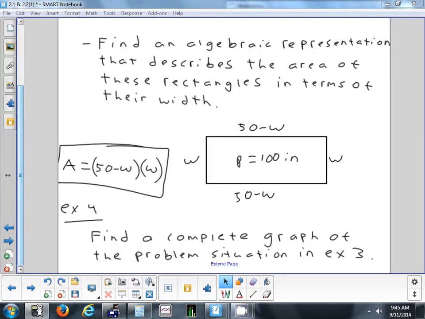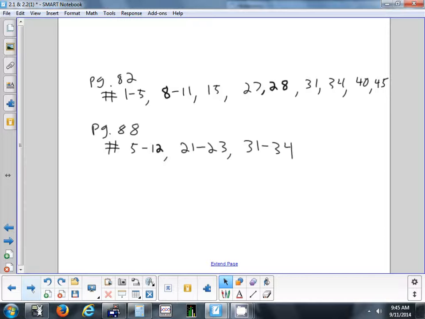Any other questions? Okay, the homework for tonight will cover 2.1 and 2.2. On page 82, it's 1 through 5, 8 to 11, 15, 27, 28, 31, 34, 40, and 45.